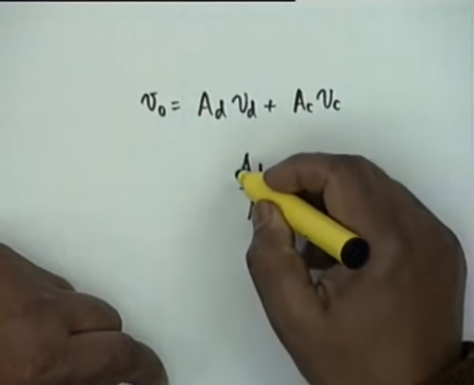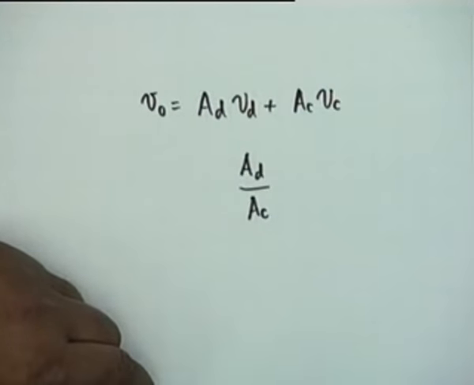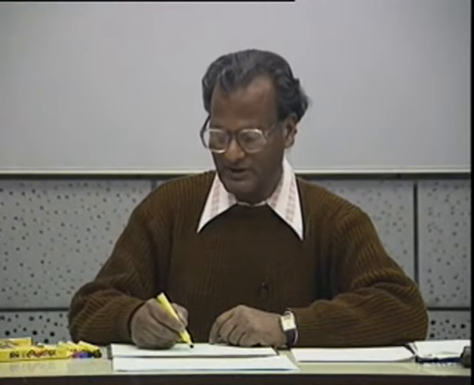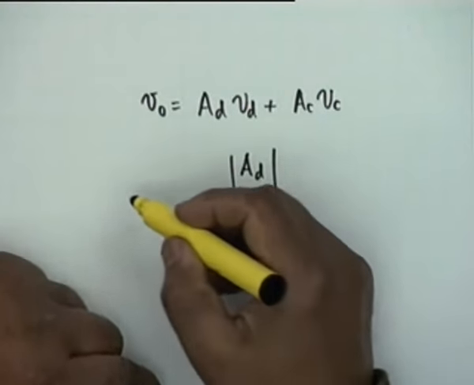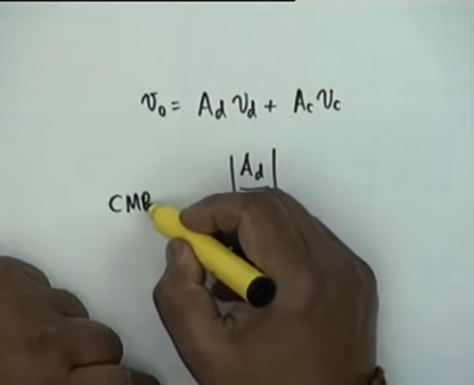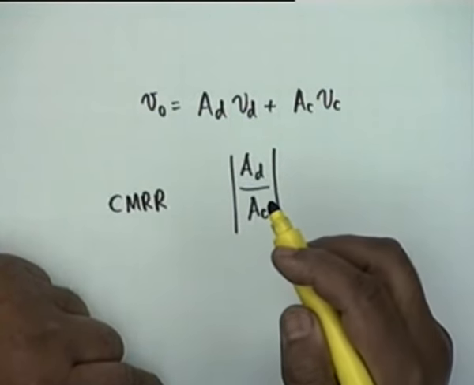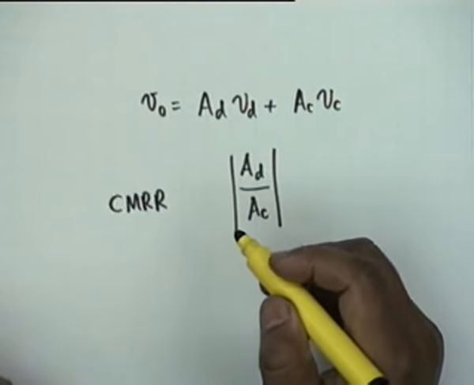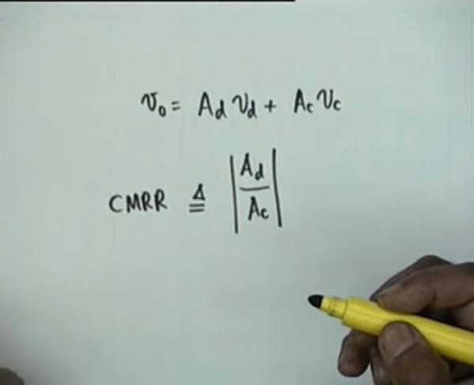So we want this ratio to be as large as possible, and to be able to ignore the phase inversion which may occur, we take the magnitude of this, and this ratio is called the CMRR, common mode rejection ratio. CMRR is defined as this ratio.